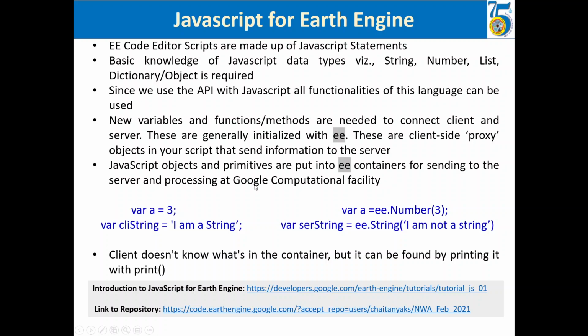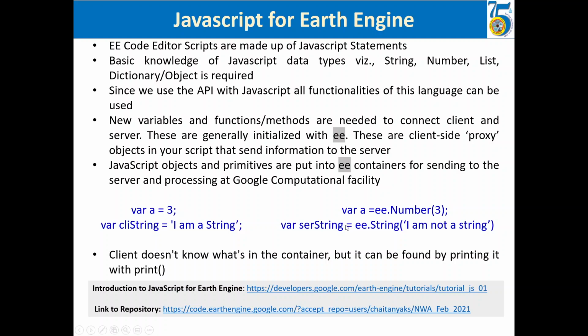These are generally initialized with ee, the short form for Earth Engine, and are needed in your script for sending information to the server. Now if you want to process anything on the server, you have to use Earth Engine containers for sending any data from the client to the server.